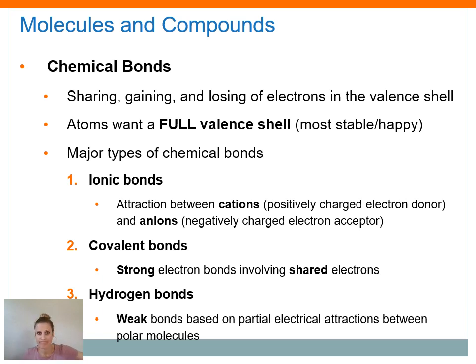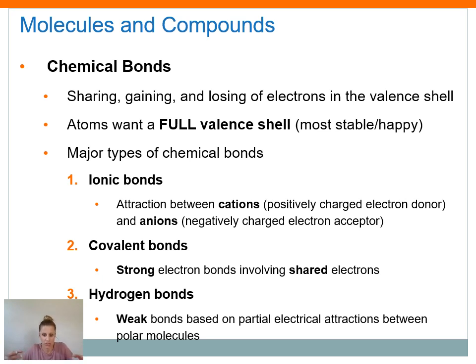Okay, so who cares, right? Why do we care about any of this? Why do we need to know where the electrons are or what the valence shell is? The reason is because, remember, I said that the electrons in the valence shell determine how the atom, or if the atom, will bond with other atoms, right?